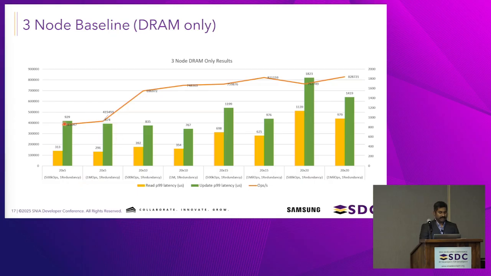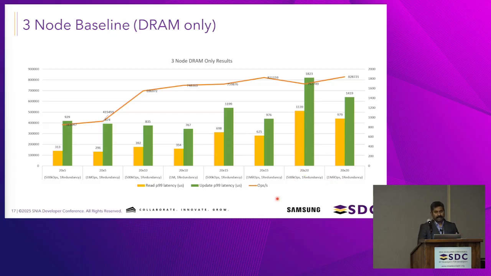The first 2 clusters are where we have the concurrency at 20 cross 5, so this is 100 concurrency. Then you have 20 cross 10, and then 20 cross 15, and then 20 cross 20, which is 400.